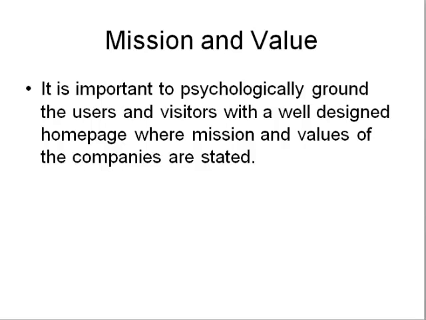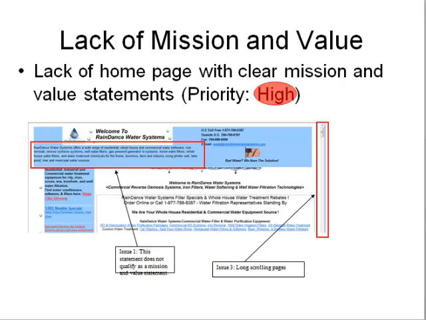It's important to psychologically ground the users and visitors with a well-designed homepage and a well-stated mission statement and values of the company. When we looked at the Raindance water system, there's really no mission and value statement, and there's really not a good homepage.